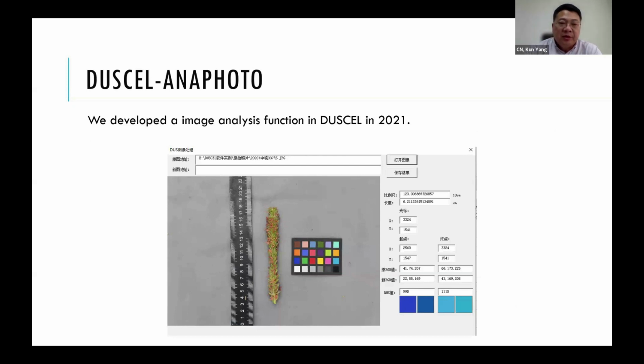For example, we get the length from the ruler in the photo, then we can get any length of the patches, and also we could get the size data of color.